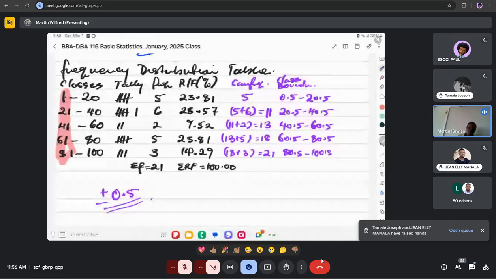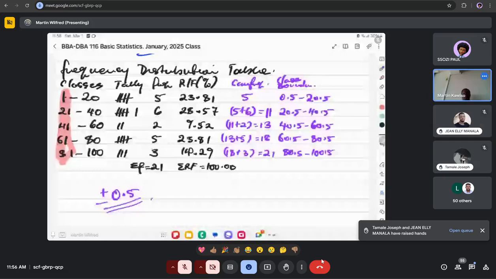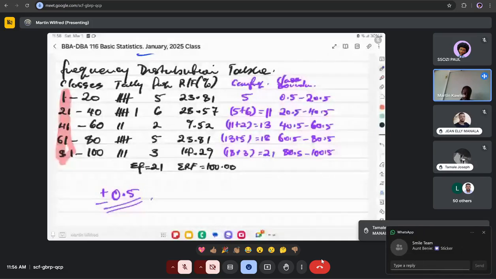So we have generated our class boundaries. And the last column that we add for our quantitative frequency distribution table is what we call the midpoint, or the class marks.